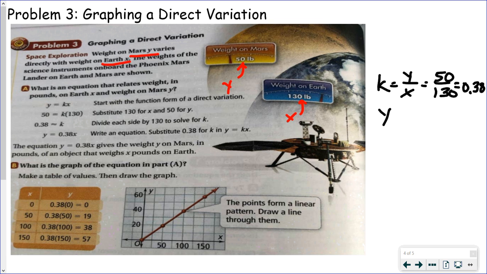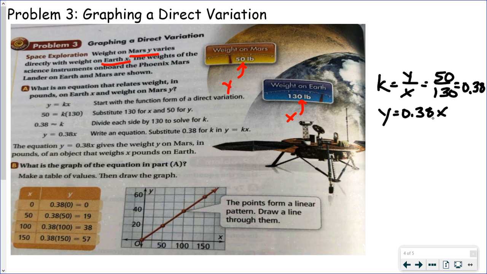And so the equation is y equals 0.38x. All right, so that's the equation. And then it says, what is the graph of the equation? I apologize. So make a table of values, then draw the graph.